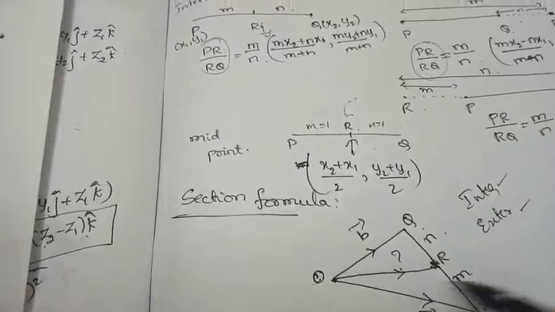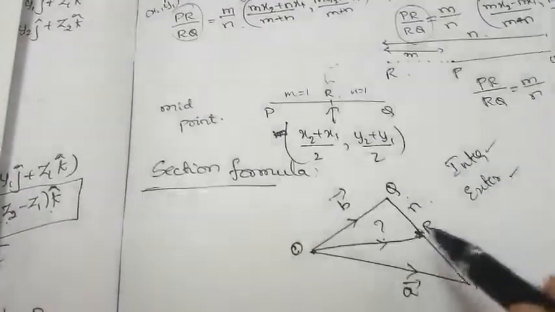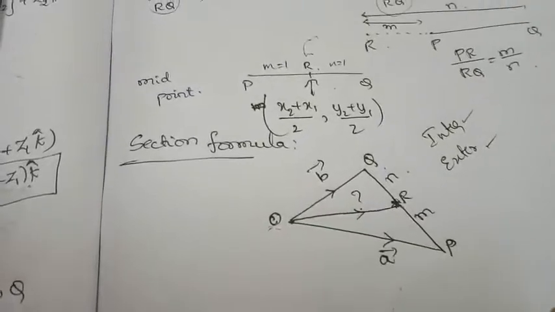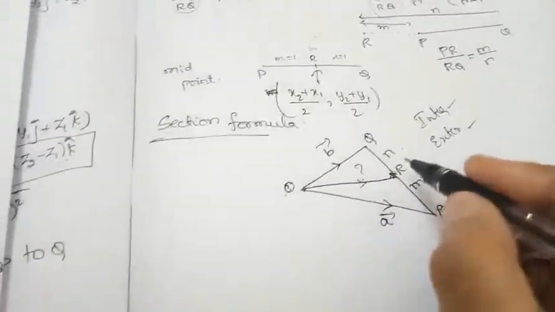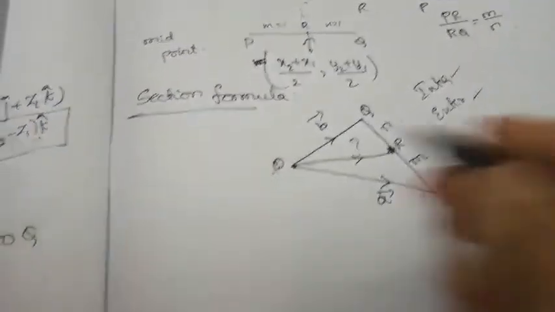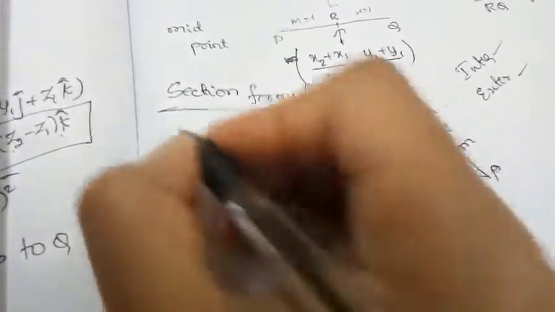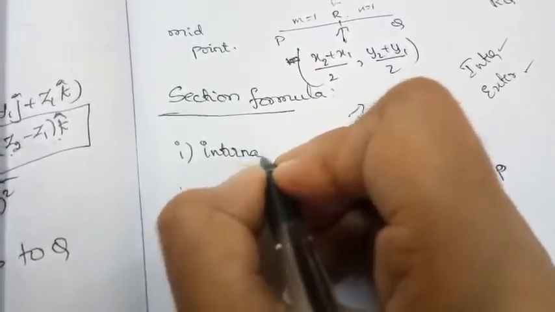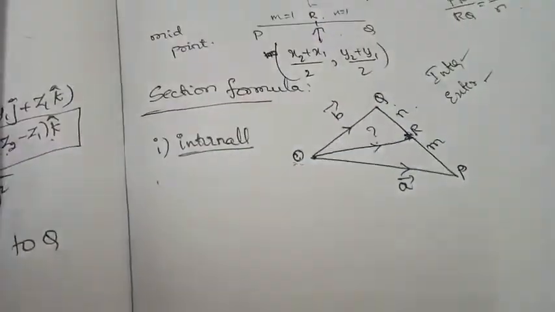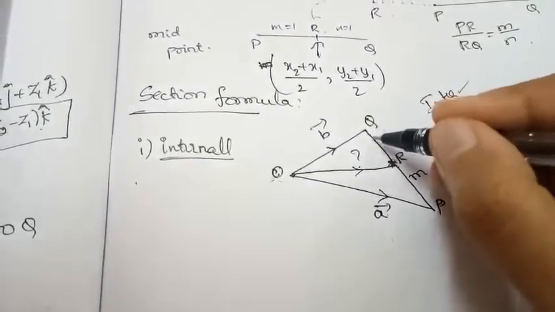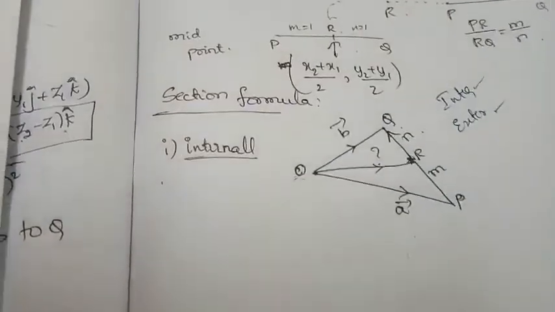We need to find the position vector OR of the point R from the origin O. The point R divides PQ in the ratio m is to n internally. First case, when it is dividing internally, let us see here. As I said, it divides in the ratio m is to n. So this is our vector PQ.